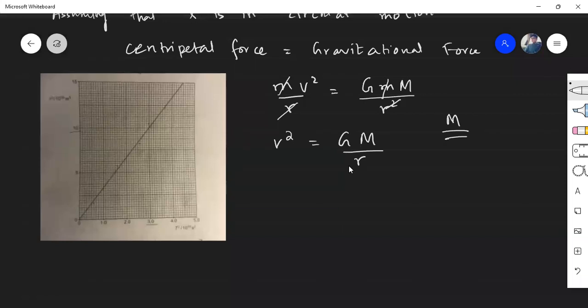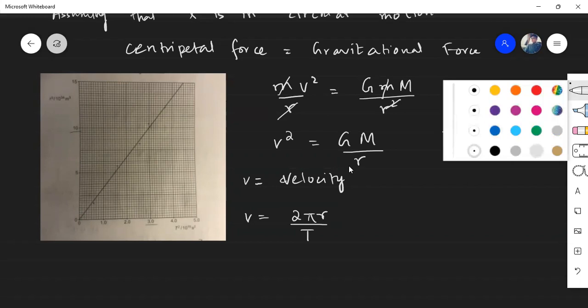Now let's look here. What's v? I haven't defined v. It's the velocity, the centripetal circular velocity, or just write velocity for now. This velocity can be written down as 2 pi r divided by T. So what's the 2 pi r?